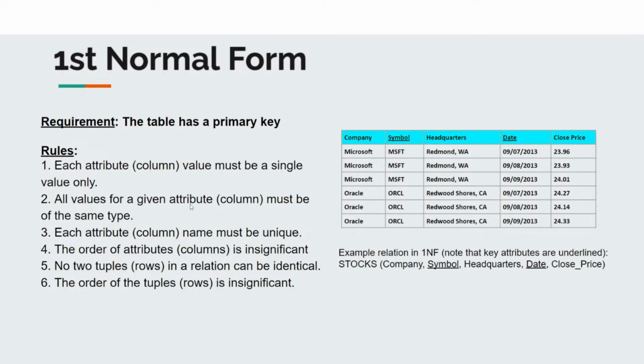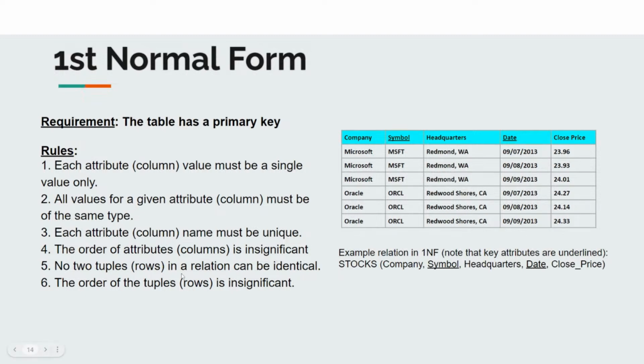All values for a given attribute must be of the same type, so all these must be text. Each attribute column name must be unique, so you have to give all of these columns different names within a table. The order of the attributes is insignificant, so if these were in a different order, you'd still have your primary key in the same data.